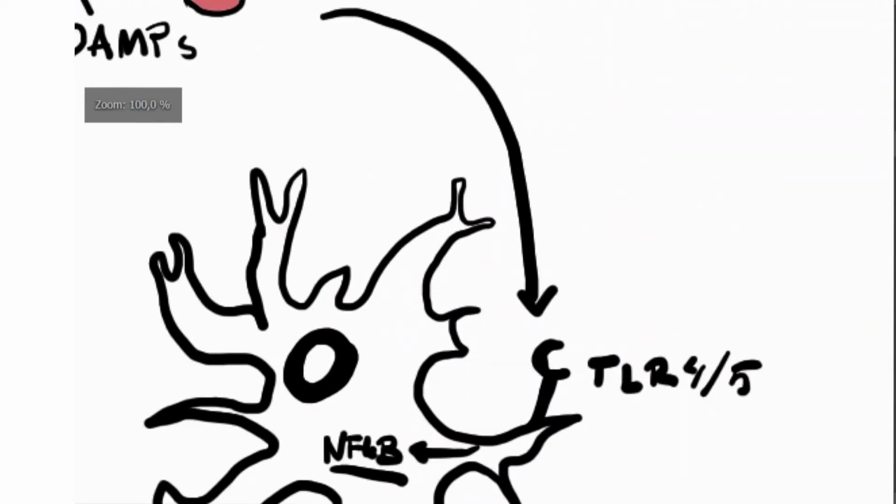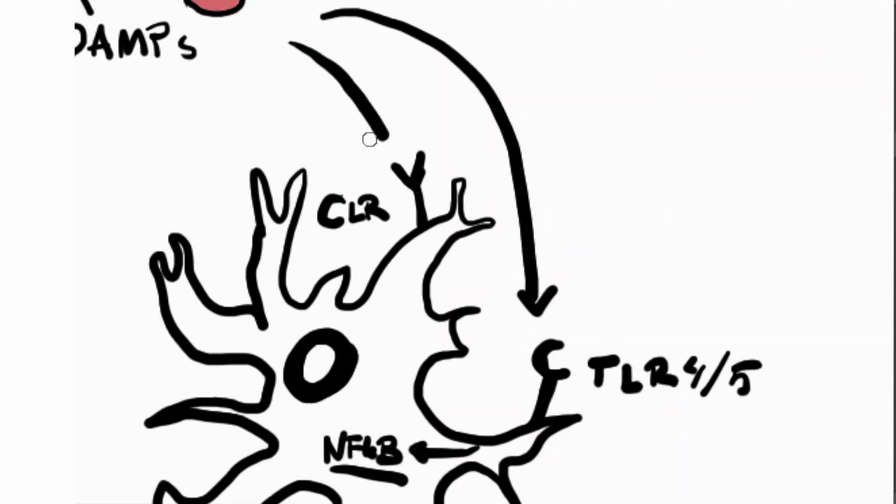Then the dendritic cell also uses another type of pattern recognition receptors called CLRs, which stands for C-type lectin receptor, and CLR binds to conserved carbohydrates on the bacteria, so different kinds of sugars.